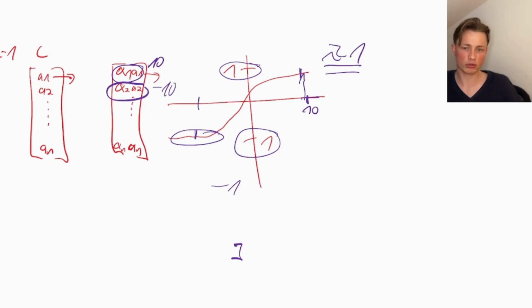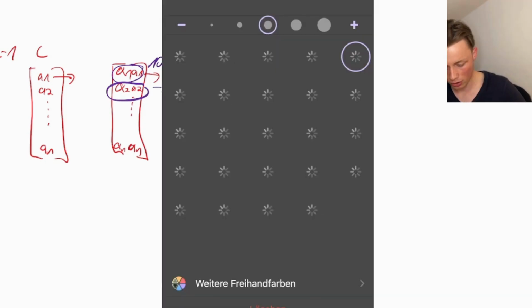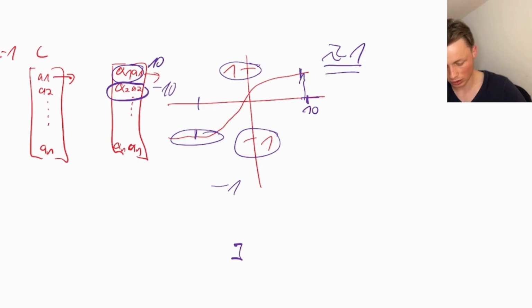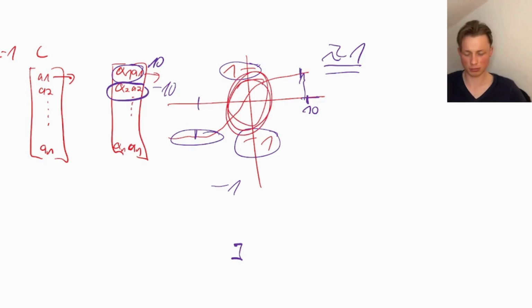And now the cool thing is the authors found out that normally all the outputs in the layer norm were in this area. So what does it mean? Here we just have a linear function. So this function works actually similar to the layer norm, but it brings some cool benefits with it.